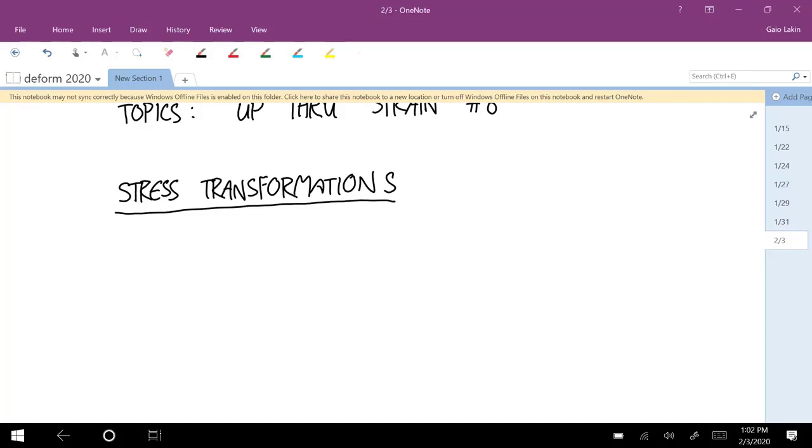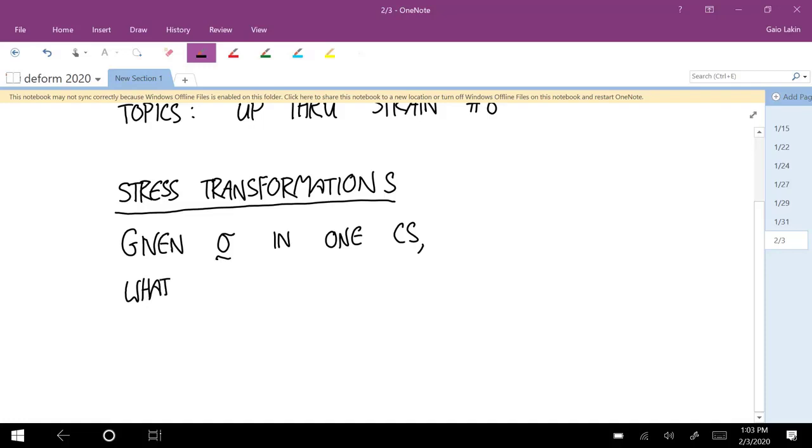The question that this is answering is, say that you're given the stress tensor in one coordinate system, what would the stress tensor be in another coordinate system?